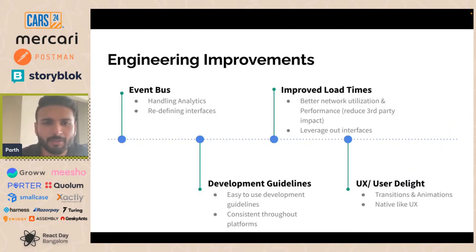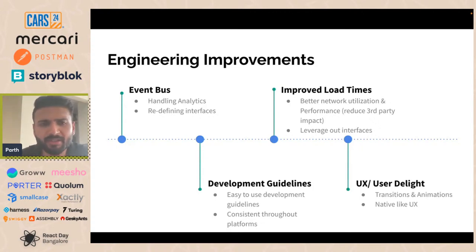So first of all, we have created one communication channel between the web views and the native OEMs, which we call an event bus. The event bus is responsible for any sort of communication between any native application and your web views.